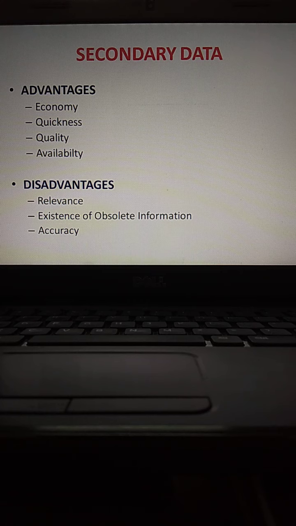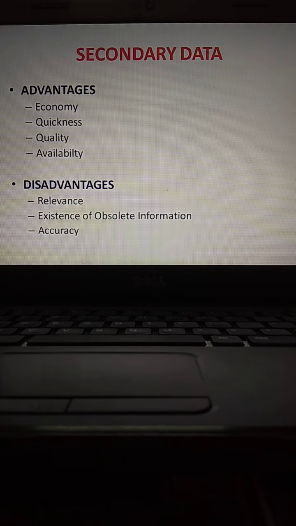Hence, most of the time, if you acquire secondary data from established resources, you are going to have quality information. Availability. As far as the secondary data is concerned, there is no dearth and no difficulty in getting it. So these are all considered as advantages.